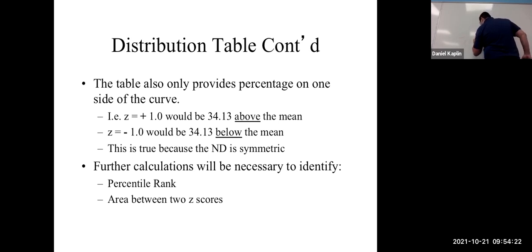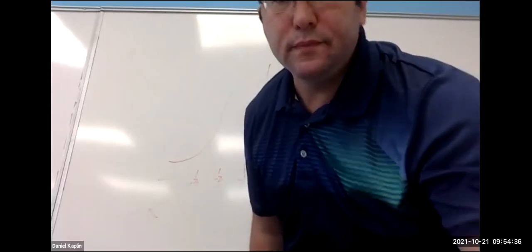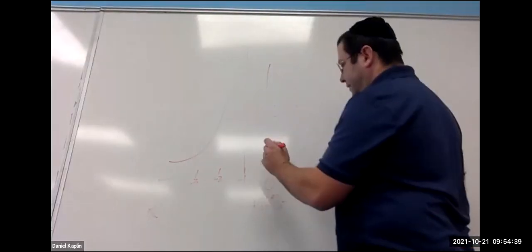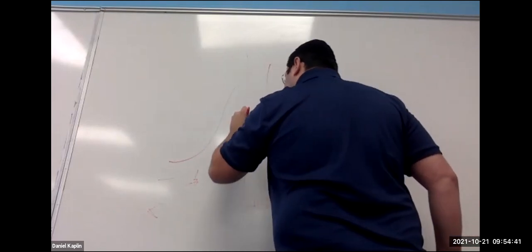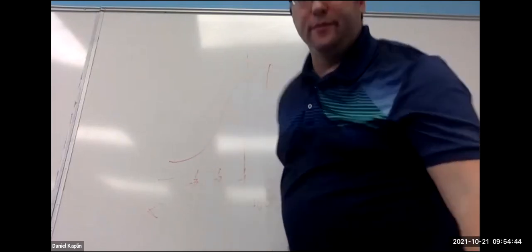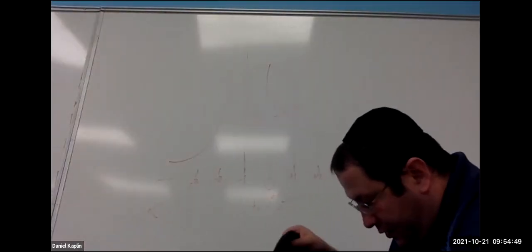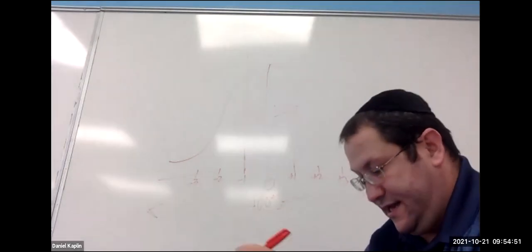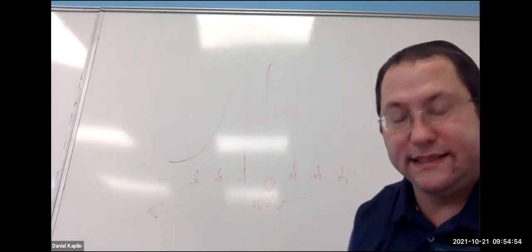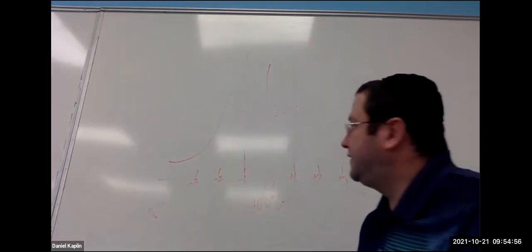If we were to draw a line on both sides of the bell curve, and bracket it. I'm going to see if I have another marker because this one's dying on me. But if we were to bracket on both the positive and negative side, we would get 68%. So let me see if this one works better.